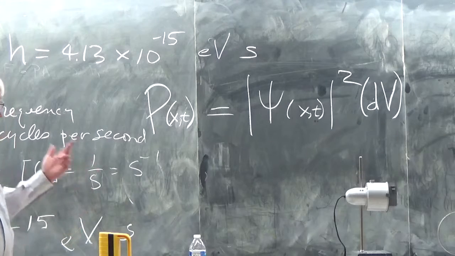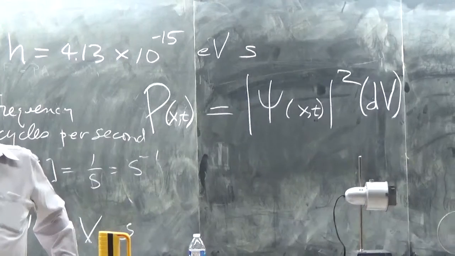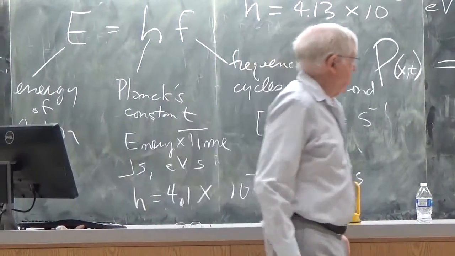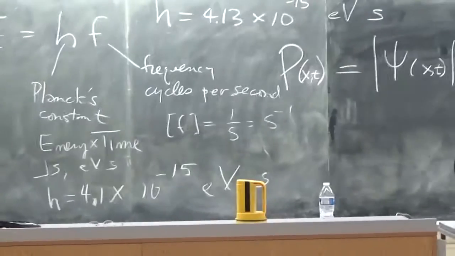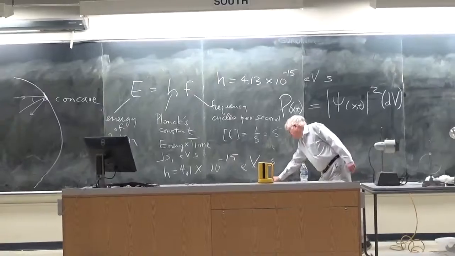I mean, Einstein, Planck was the first in a sense, because Planck introduced this constant to explain the distribution of energy in a black body.